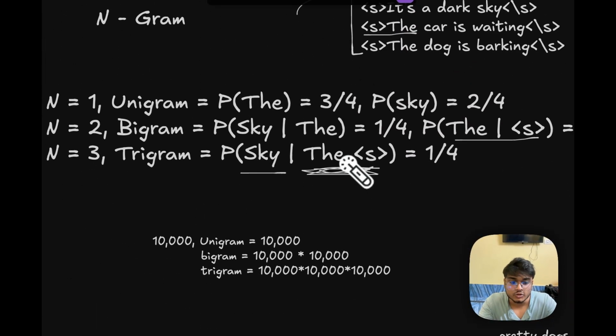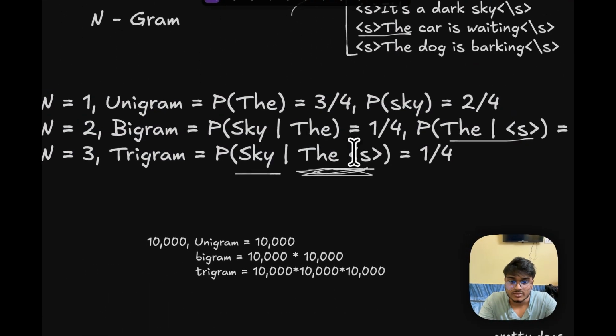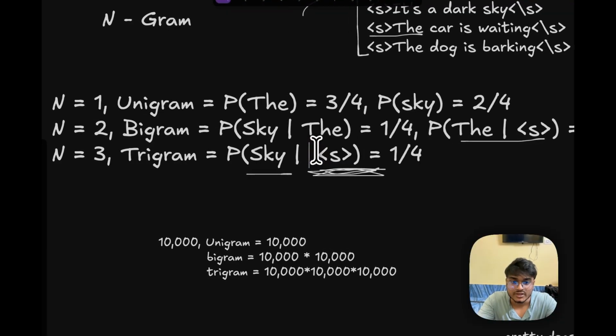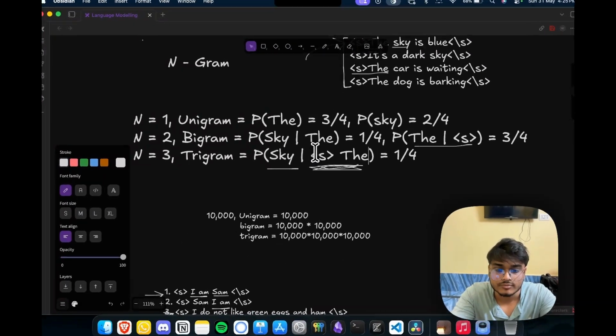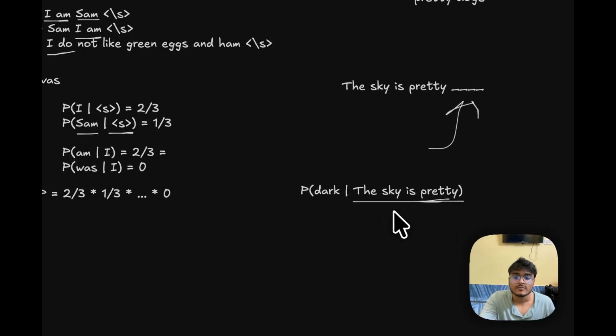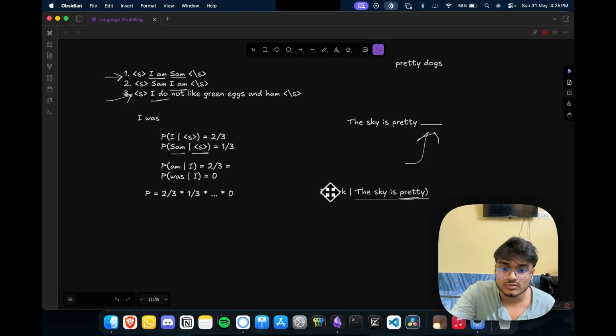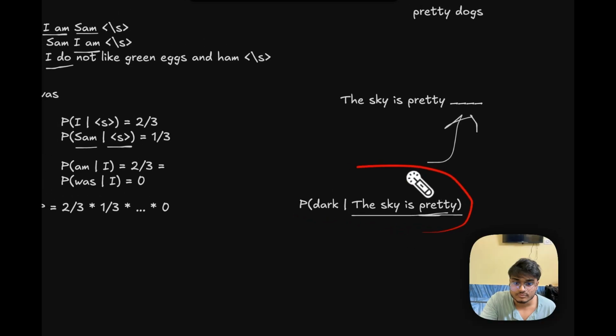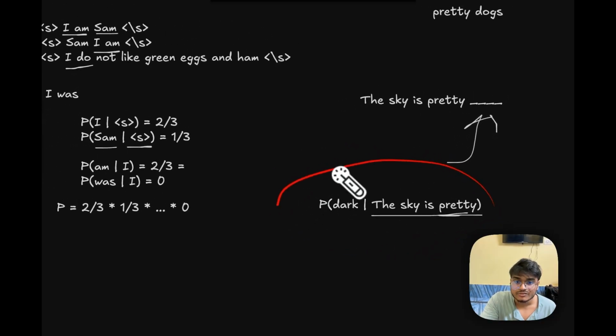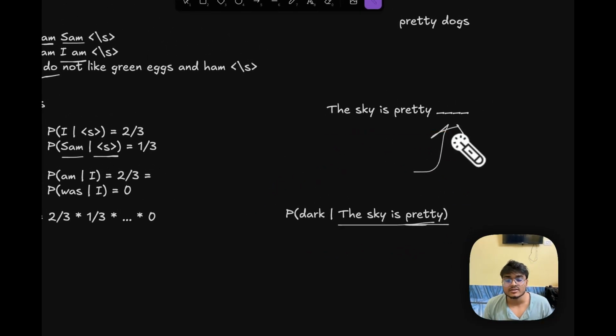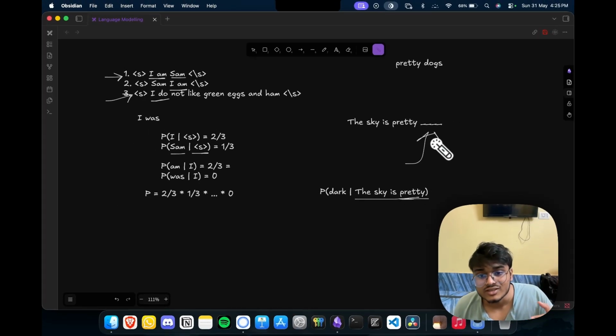There is an issue: this one is actually incorrect, this one is correct. Okay, so what is the probability of this? If I wanted to find what might come after "the sky is pretty dash", what could be the word at the place of the dash?